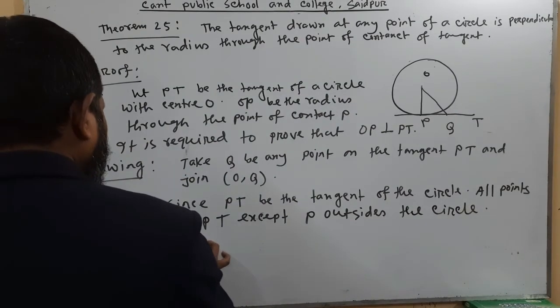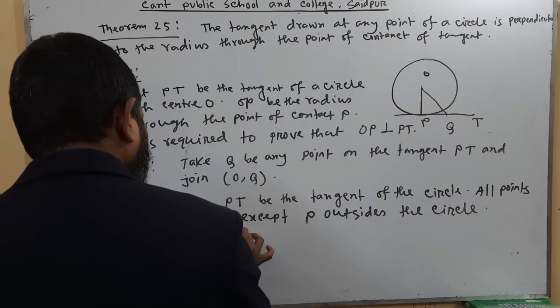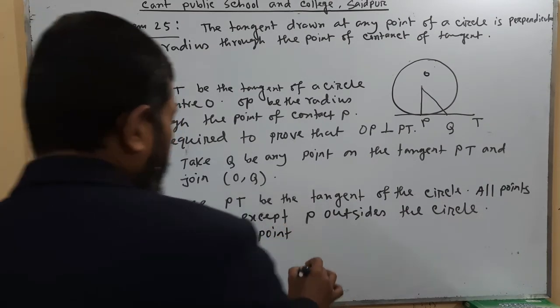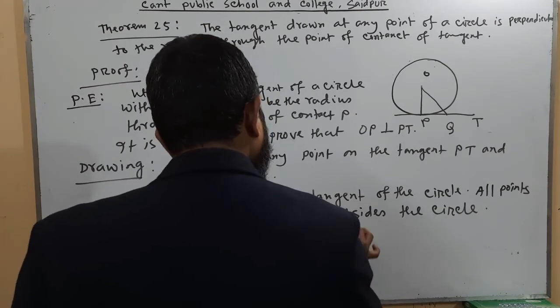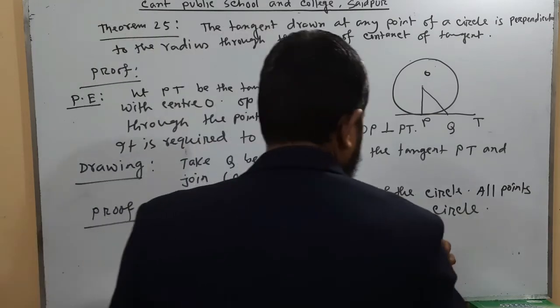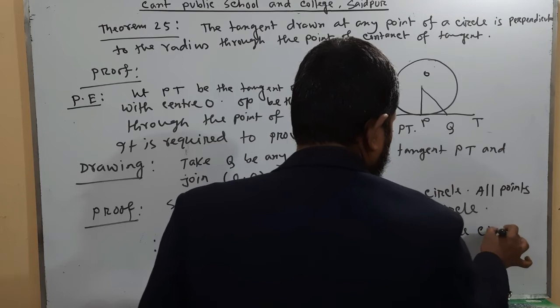Therefore, Q is a point which is outside the circle.